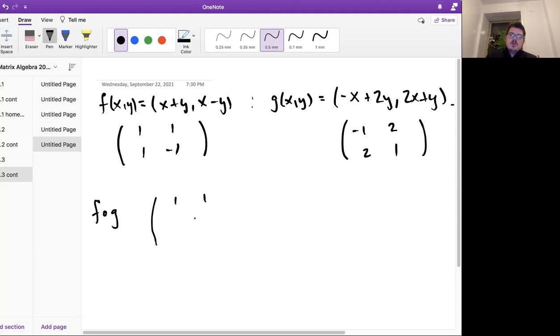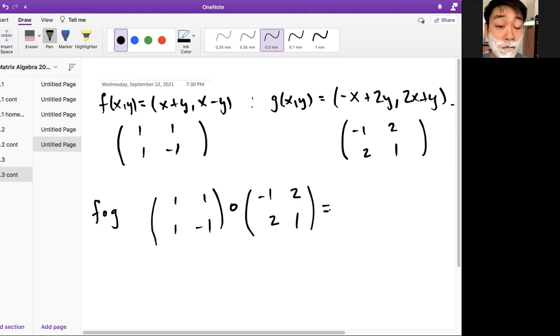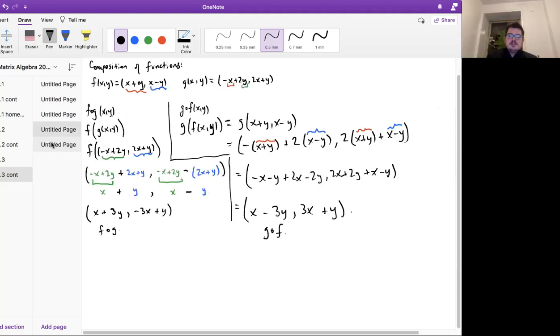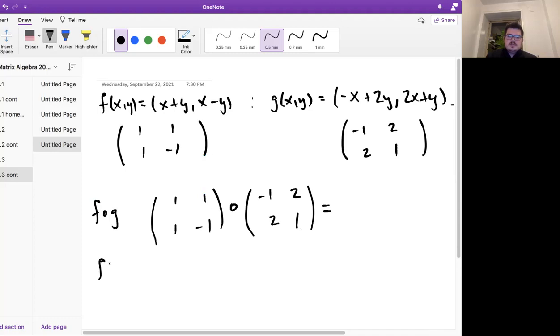Okay, so let's look at our f of G. What we want to construct is a function or an operation that does this composition. We found in the previous slide that f of G was equal to x plus 3y comma negative 3x plus y.